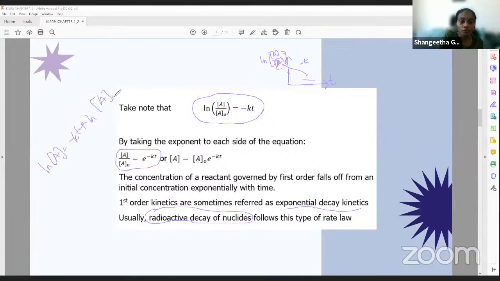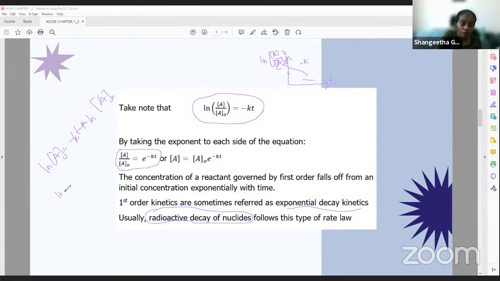From here you should know two things that we have learned so far. One is how to arrive at this equation. Secondly is your graph.